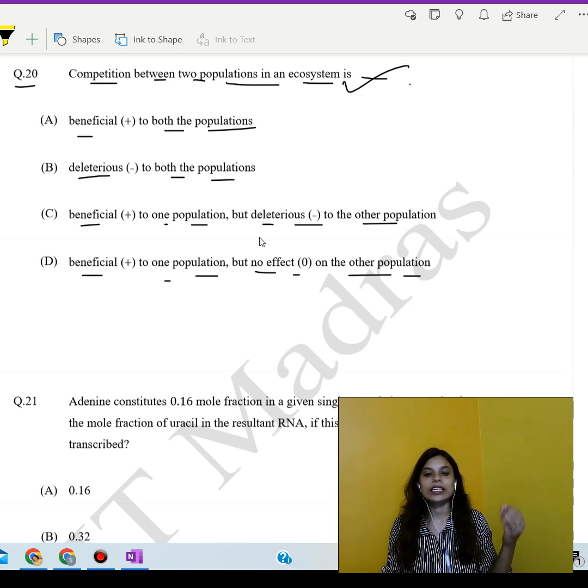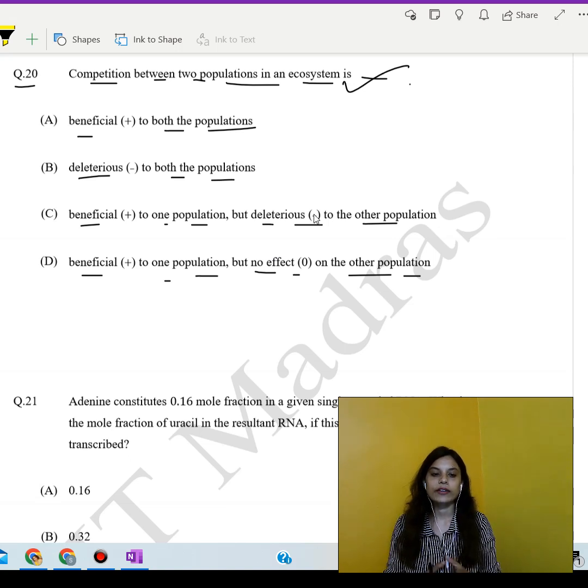Okay. Then interference competition is also there. Like what kind of interference competition are we talking about? When one population directly harms the other population, such as through predation or aggression, then this can harm the population being interfered with.